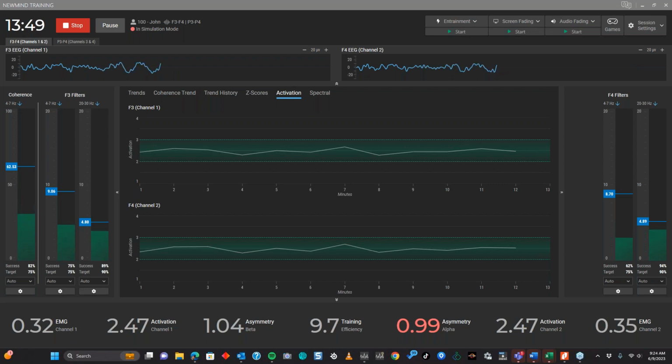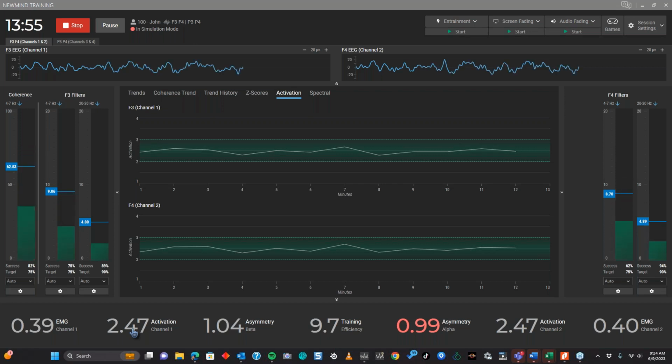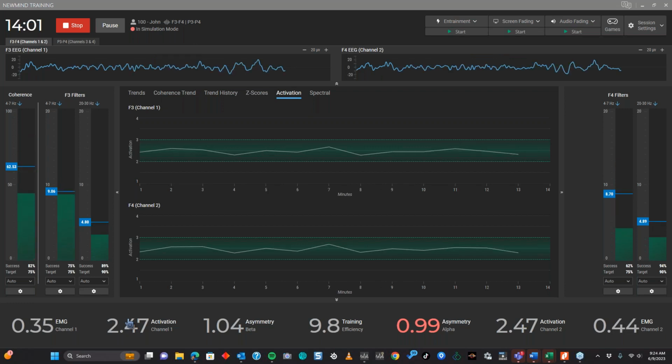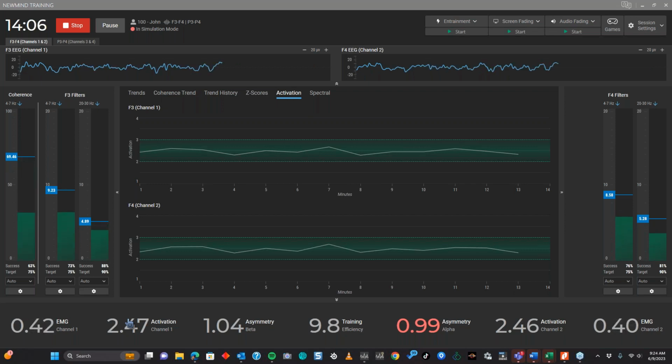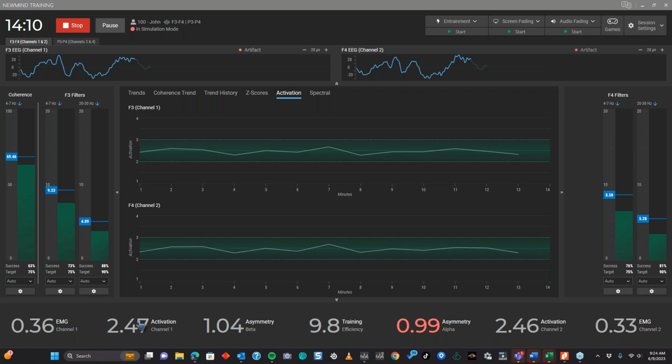That also means if their brain is responding to protocol 3, you should see a drop in the activation numbers. That's another way of tracking whether the protocol you picked for that client is actually doing the job you want it to do.